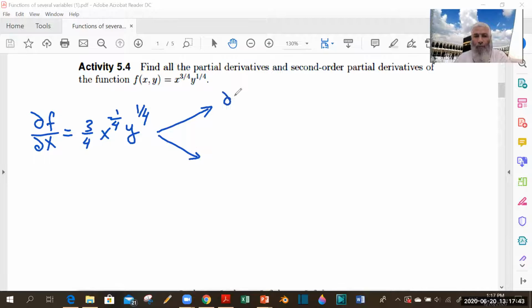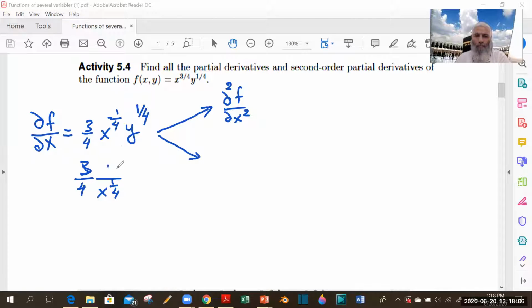We can write it with the negative power, or in the denominator.